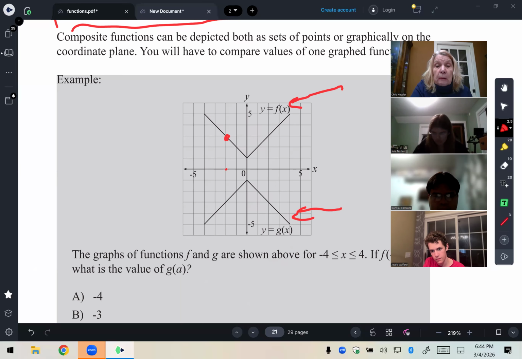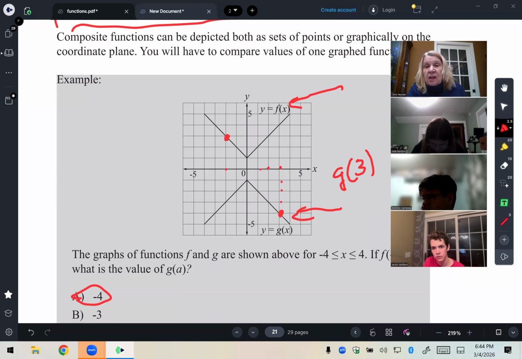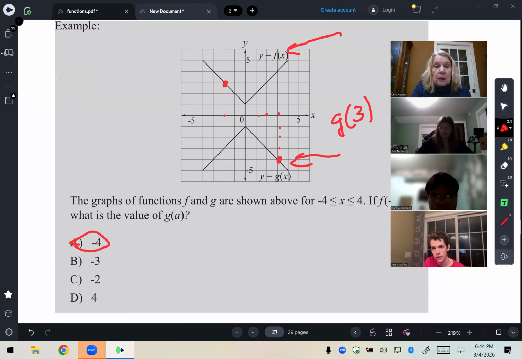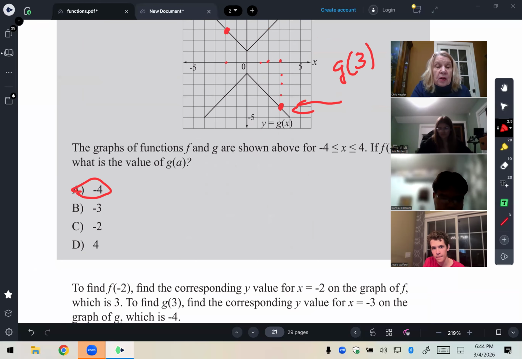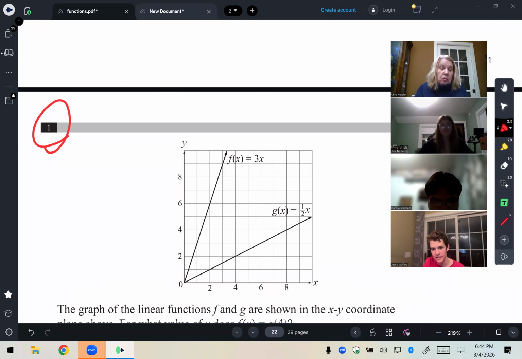So now we want g of 3, which will be 1, 2, 3, 4. So it's going to be a -4. Make sense? Good. So on the next page, we have another one of these, or some examples we're going to try.